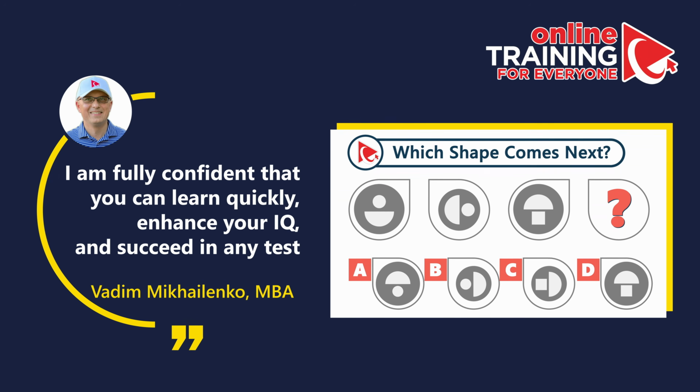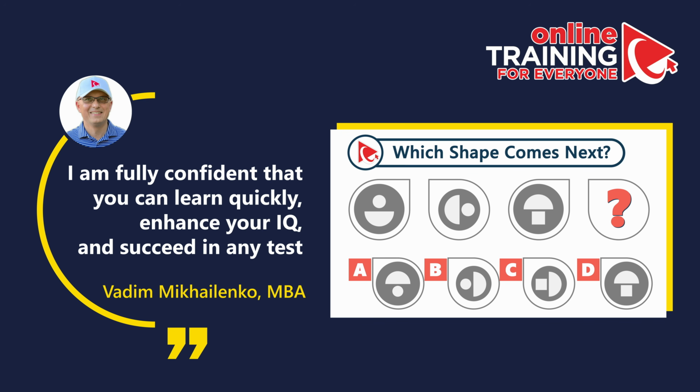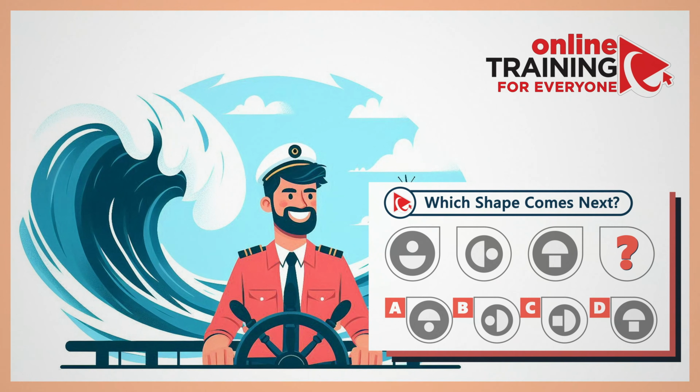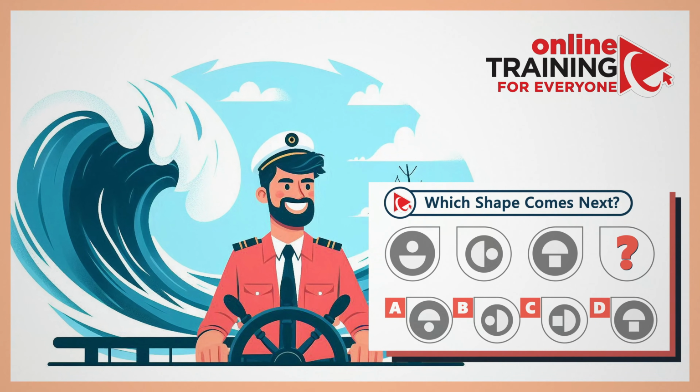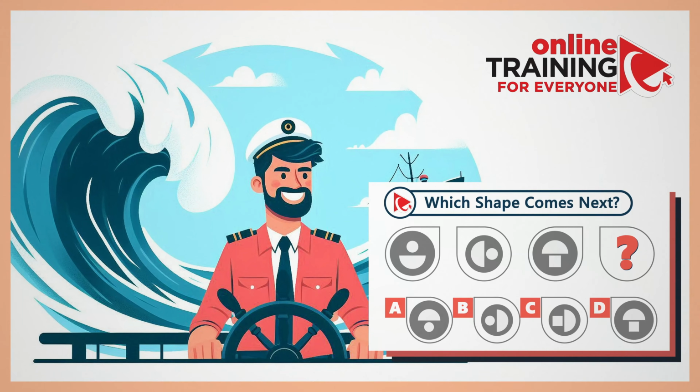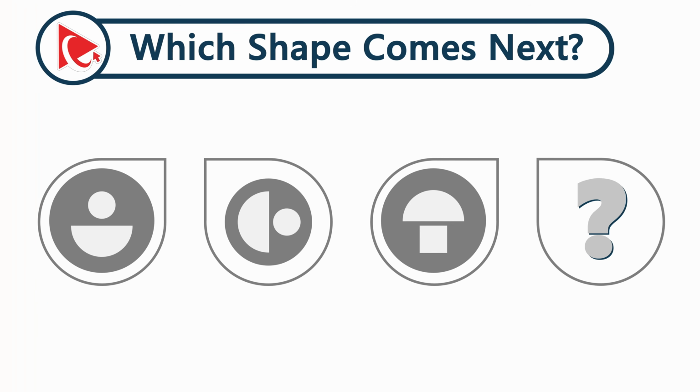With this question, let's imagine you as a captain of the test-taking ship, and this challenge is the wave in the ocean. Steer through this question with confidence, and you will be docking at the port of victory in no time. You're presented with phenomenally cool, symmetrical-looking shapes.